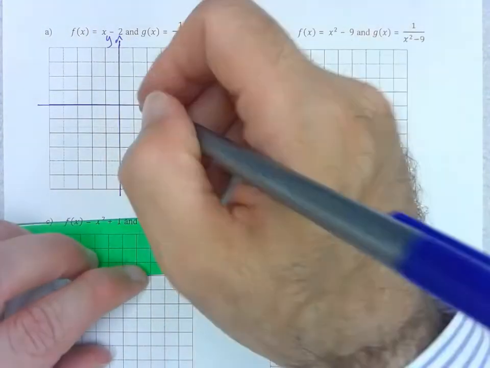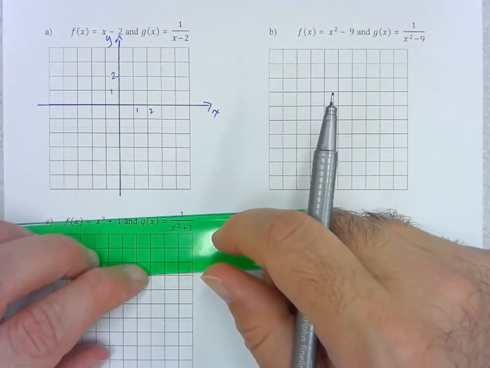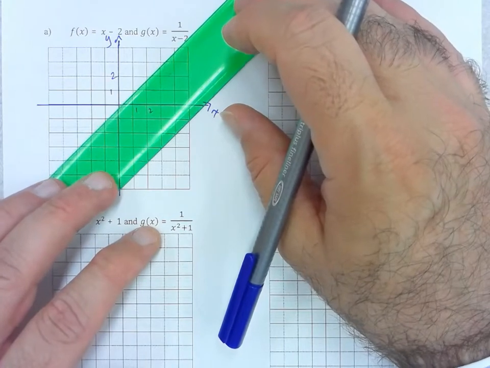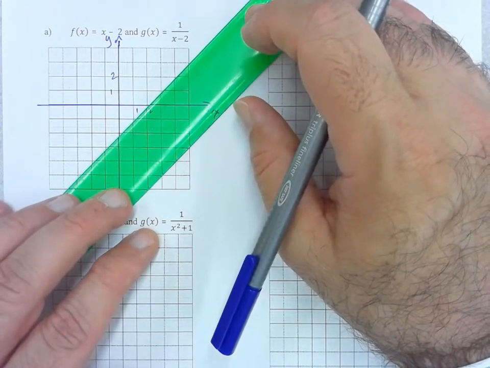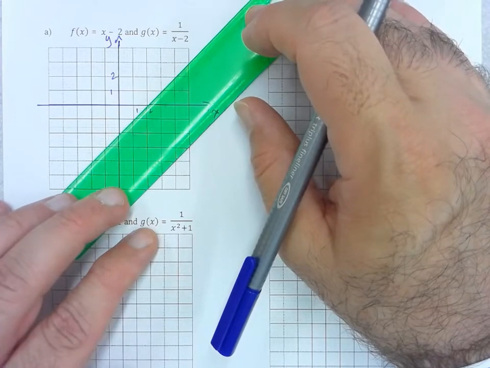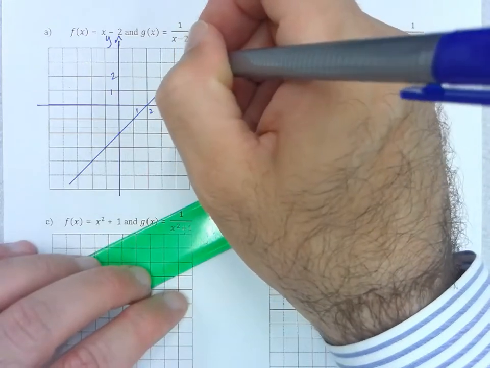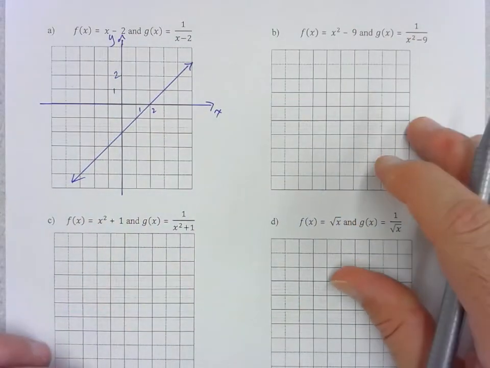So let's make this 1, 2, and 1, 2, nice and easy. Okay, so I know that if this is my function x, I'm just going to be bringing it down by 2 units. So let's try to get a decent graph here. So this is what the function x minus 2 looks like.